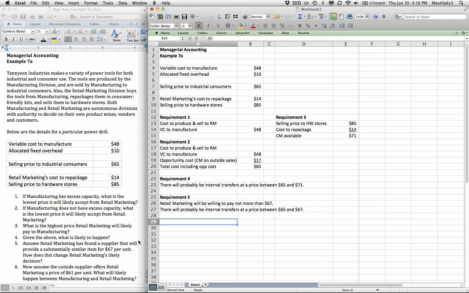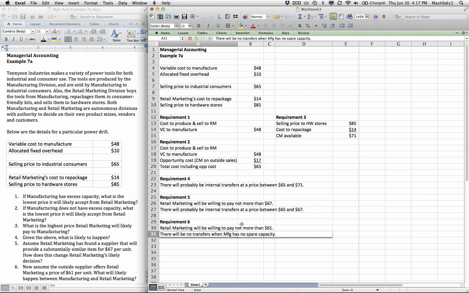Requirement 6, if retail marketing can get a similar good for no more than 61, then there will be no transfers when manufacturing has no spare capacity.